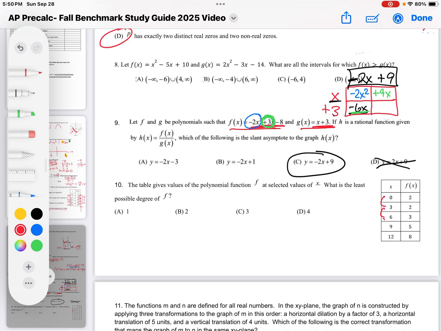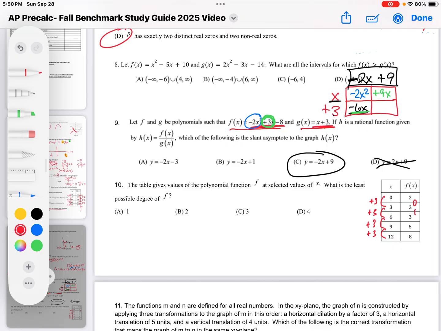The first thing I notice is that my x values are increasing by the same amount each time, so we do have equal length inputs. To figure out the least degree, we take the rates of change of the outputs until we see a constant. To go from 2 to 2, I go up by 0.